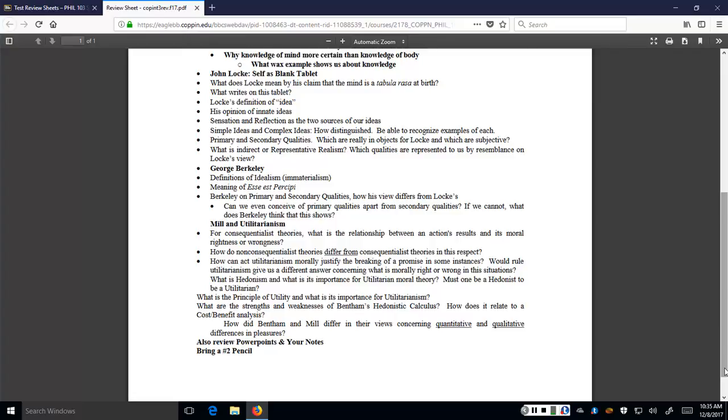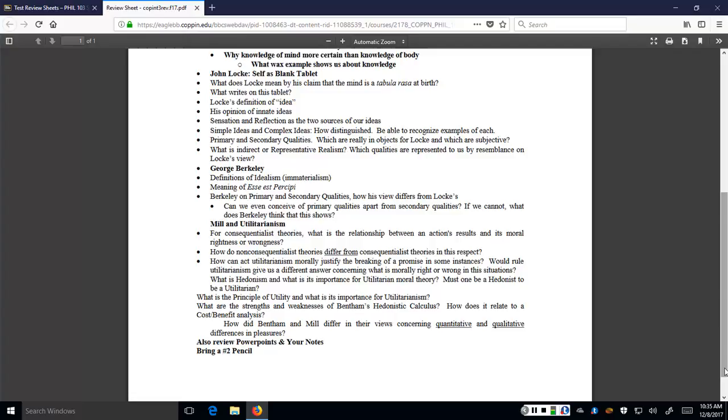So Locke says that there are no innate ideas. Now, he didn't just make this claim. He devoted a whole book of his Essay Concerning Human Understanding to arguing against the belief in innate ideas.